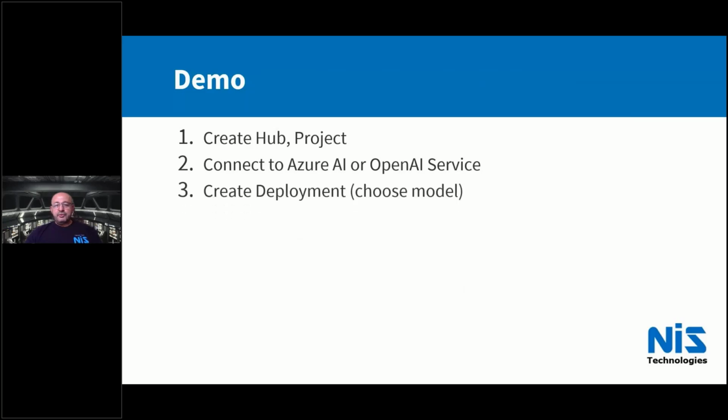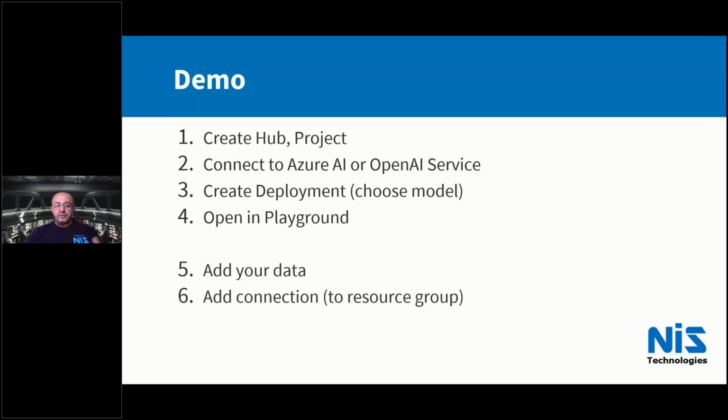I then need to create a deployment, so I can choose from two different deployment types, whether it's serverless or through a VM. Once that's set up, I can now open it in the playground and experiment with it. Then I can add in my own data, add a connection to the resource group, and then deploy it where I can call it through a web call or through an API.